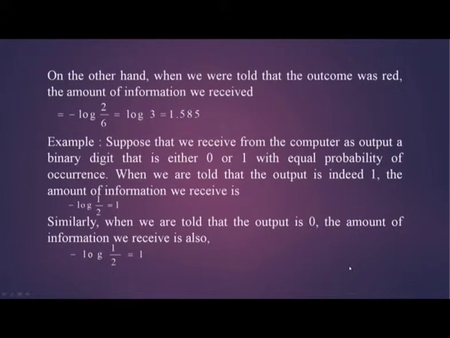So, the probability will be 1 by 2, and the amount of information will become minus log half, that is 1. Similarly, when we are told that the output is 0, the amount of information we receive is also minus log half. So, it will be 1.